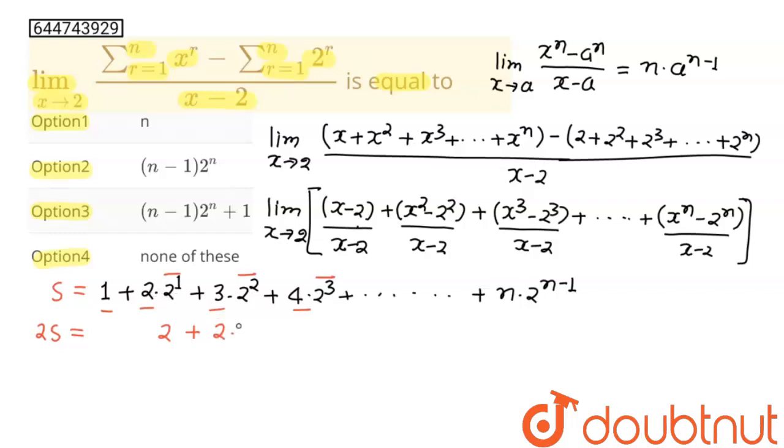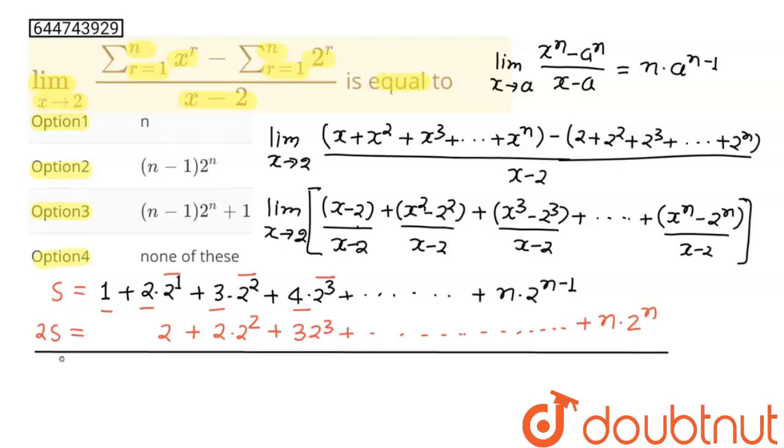We'll write this 2 into 2 square over here, plus here this will get multiplied by 2, this will become 2 cube, so this will become 3 into 2 cube. And this will get multiplied by 2, and this will become 2 to the power n, so this will become n into 2 to the power n. Okay, now I'm going to subtract both.